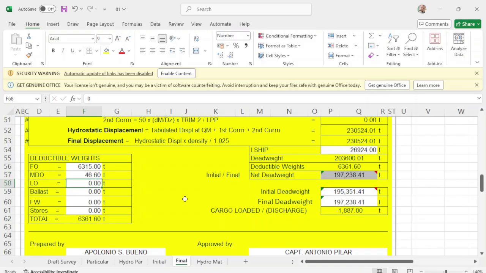LO and ballast is 1132. Freshwater is 375. Constant is 380. And your cargo is 19535141.